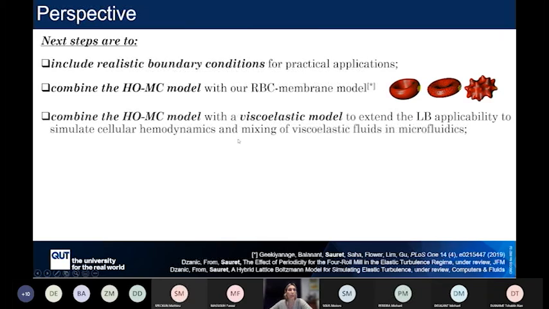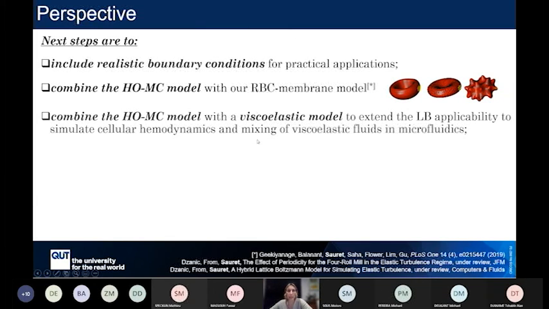And the other thing is to look at viscoelastic models. How do we incorporate viscoelastic models into this high-order multi-component lattice Boltzmann approach, so that we can look at mixing of viscoelastic fluids, which is quite an important topic for microfluidics.